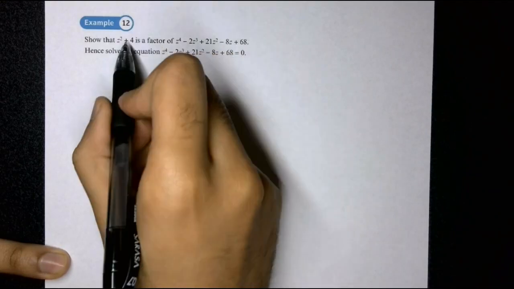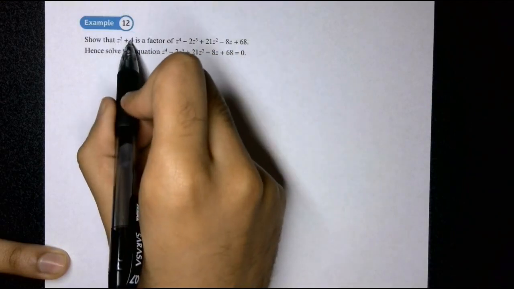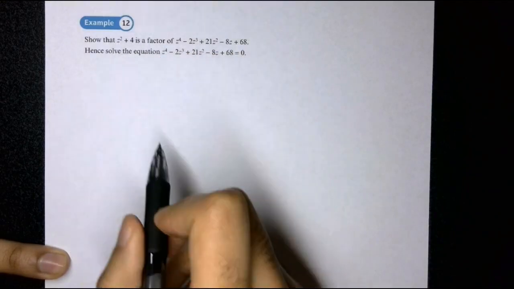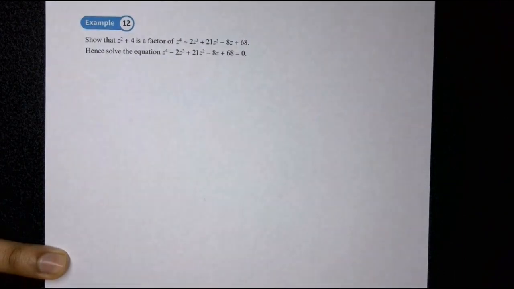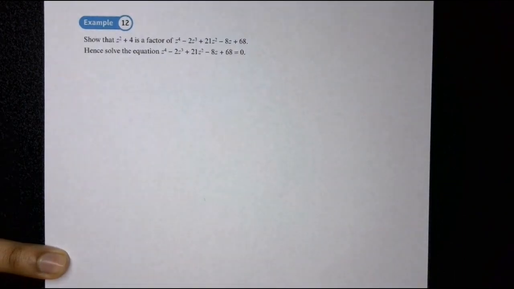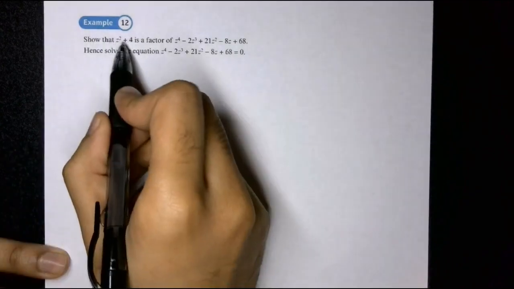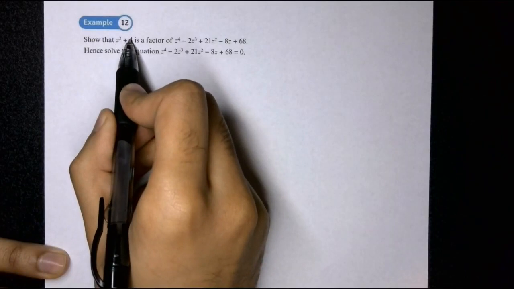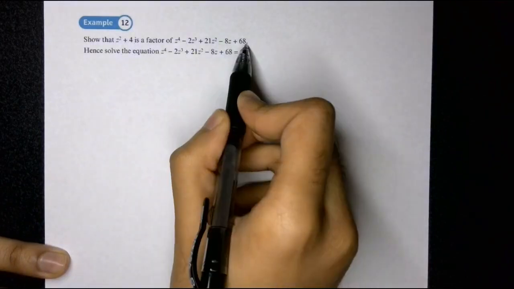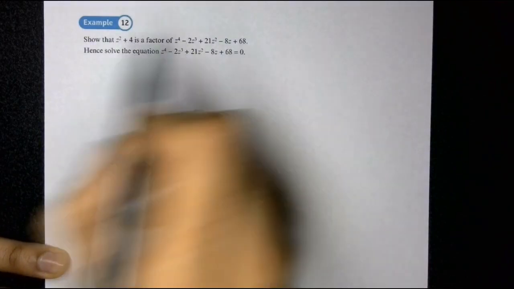Well, it's not as straightforward as using the factor theorem over here. But what we can do instead is use algebraic long division, and if we get a remainder of 0, we can therefore conclude z squared plus 4 is a factor of this result over here.